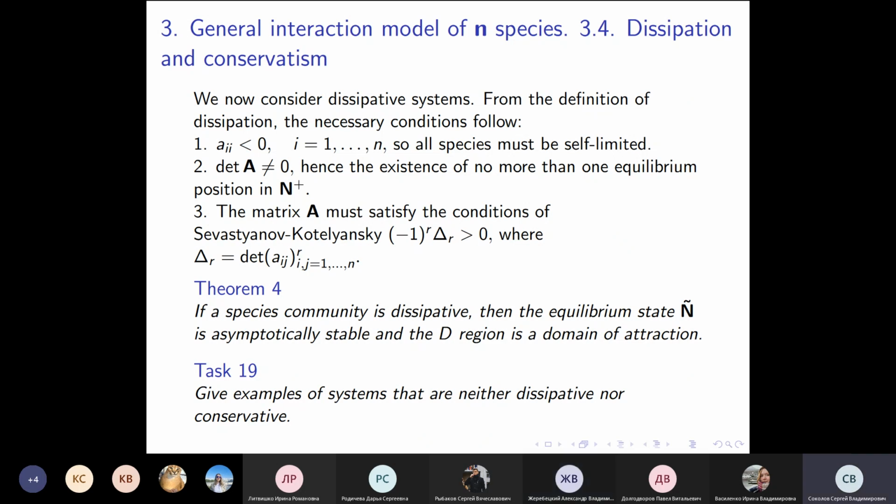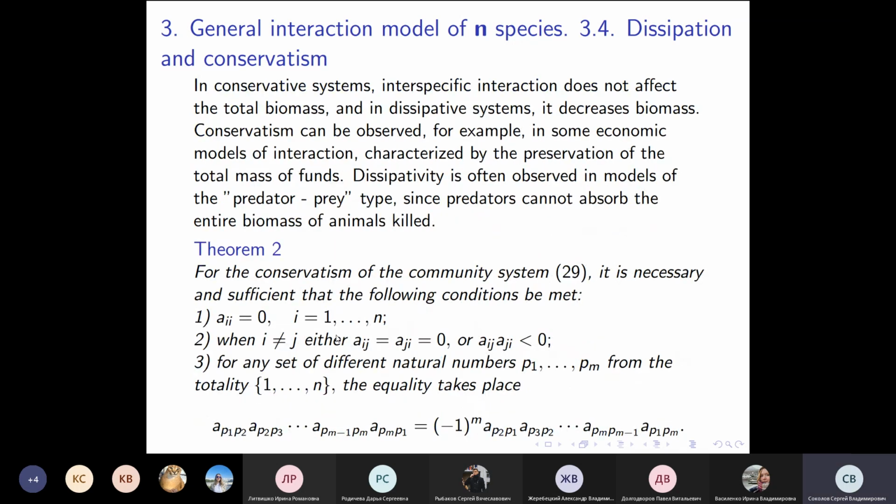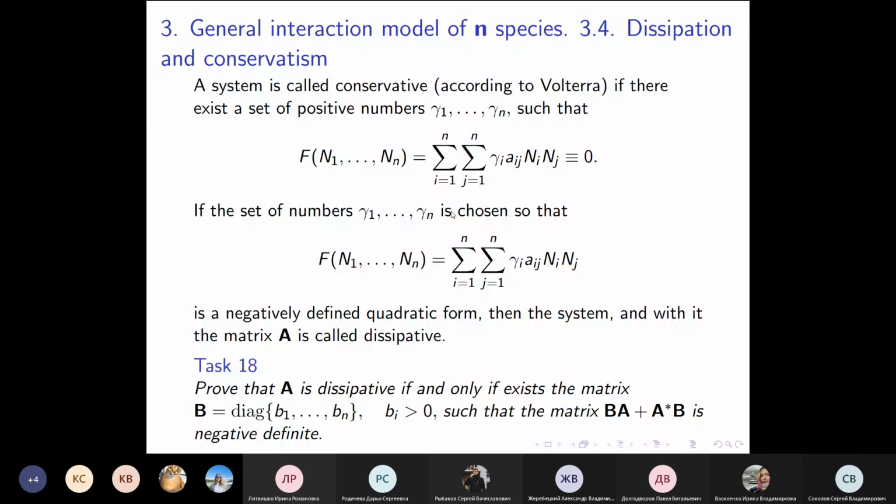So we consider some matrix A such that it is conservative, such that there can exist a set of positive gamma_1, ..., gamma_n such that this sum is always equal to 0.